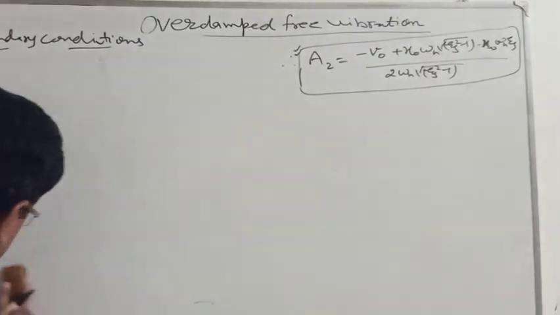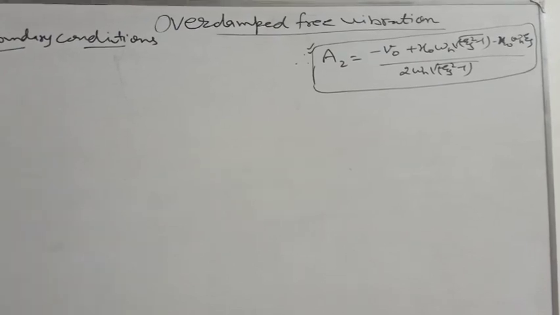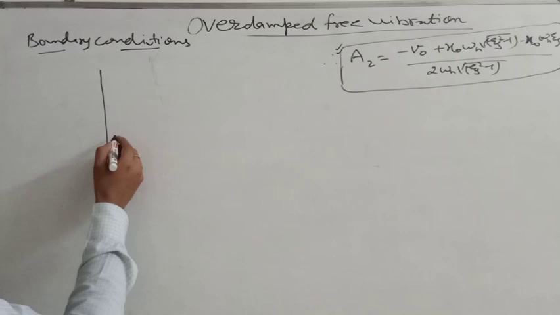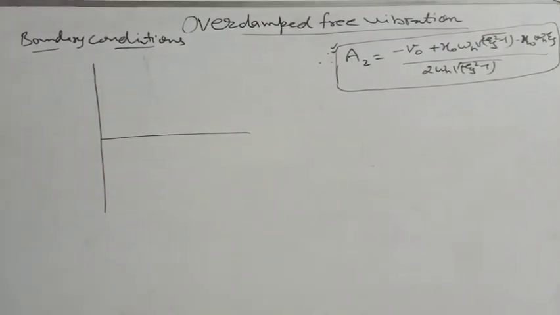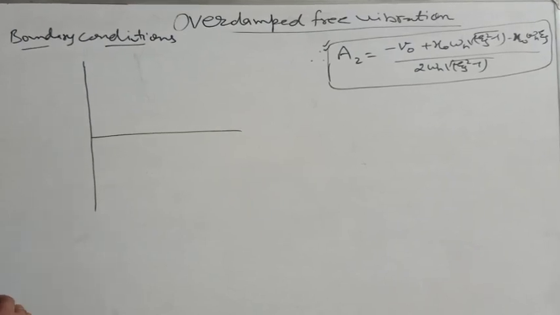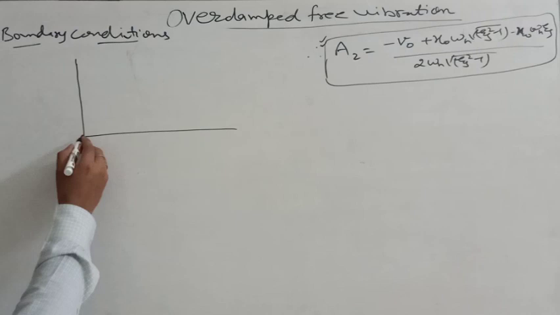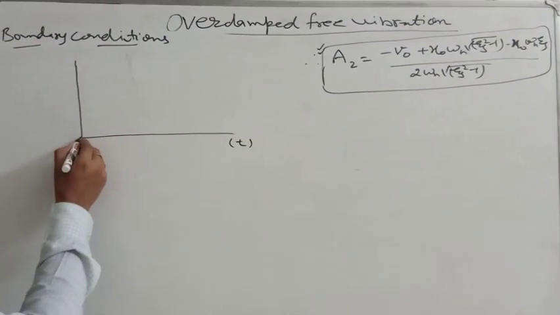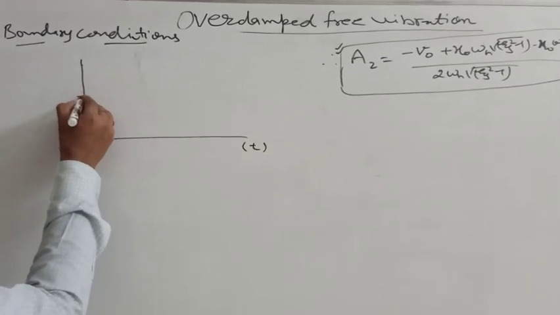According to this, our equation first is in an exponential function. If we are plotting a graph between the values of a1 and a2, then from equation number 1, the equation of motion for our overdamped system, we know that this is the time function. At t equals 0, the value is x naught.